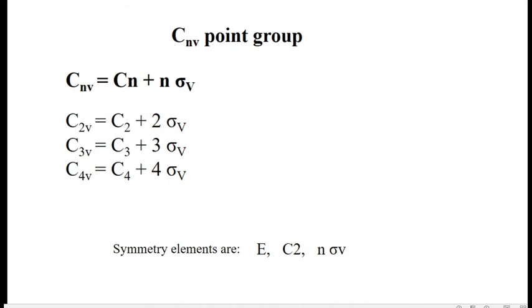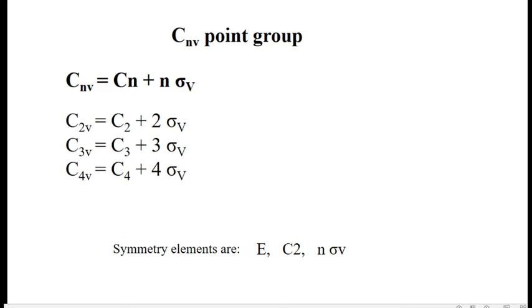If the molecule has a C3 proper axis along with 3 vertical planes of symmetry, then one can assign it as C3V type point group. If the molecule has a C4 proper axis along with 4 vertical planes of symmetry, then one can assign it as the C4V type point group.